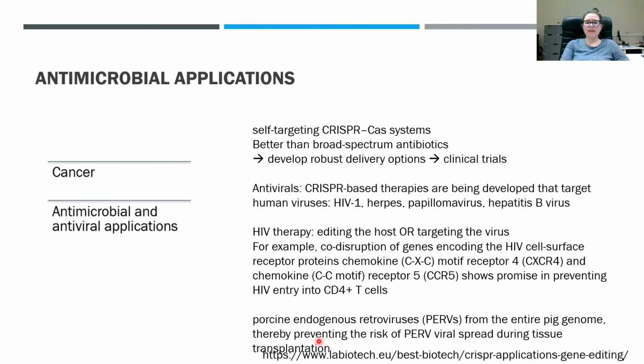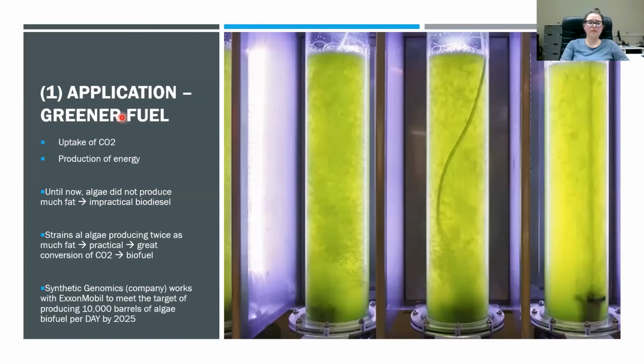So to prevent that risk of spreading of that virus, we could use CRISPR to target that one gene in the pig's genome to remove the probability of us being infected with the virus.